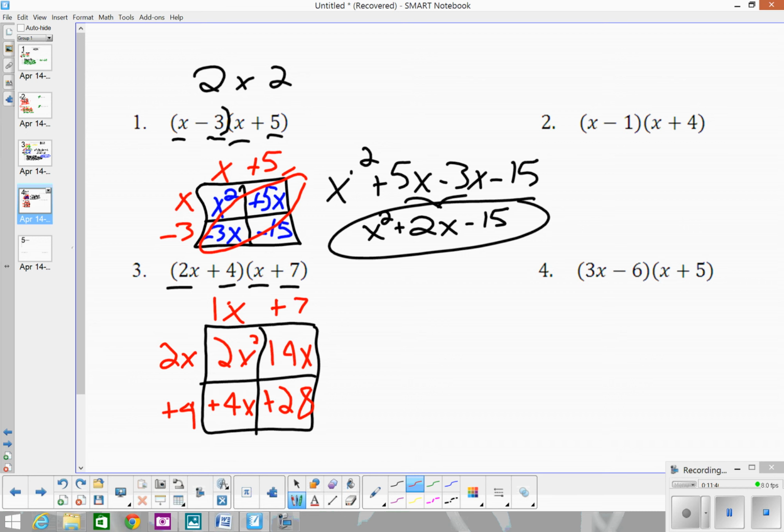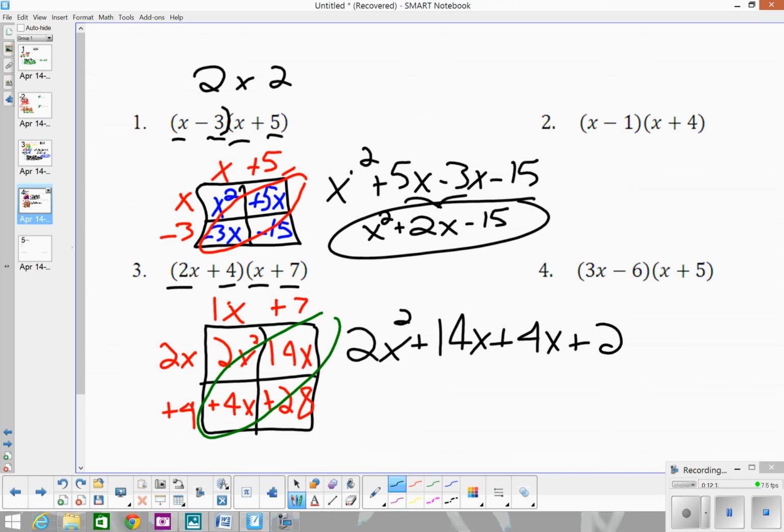Now I'm going to almost always combine these like terms, which are right there. Rewrite your expression from left to right. So it's going to be 2x squared plus 14x plus 4x plus 28.